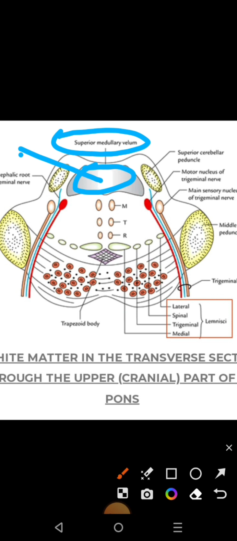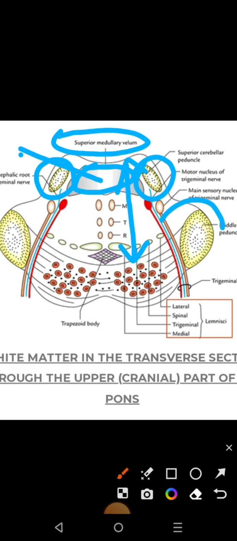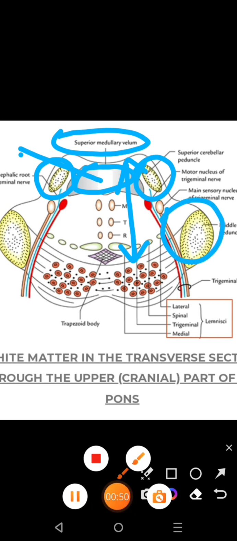Now here another thing is shown in the tegmental or posterior part of the pons, that is the superior cerebellar peduncle. These are added, or you would say that now it is the upper level, so we see the superior one, and when we were discussing the lower level, that was showing the inferior cerebellar peduncle. And of course the middle is present on both sides, right?